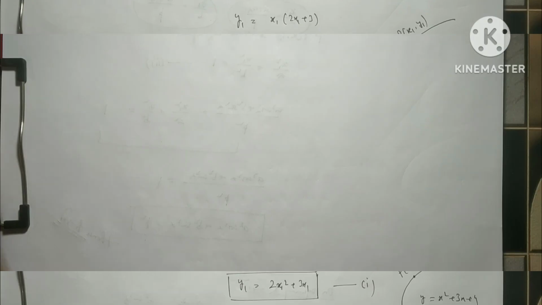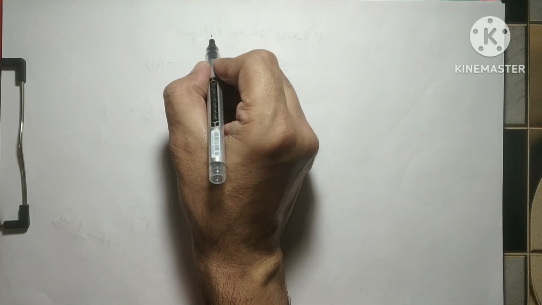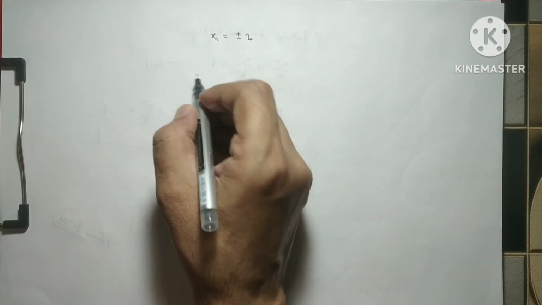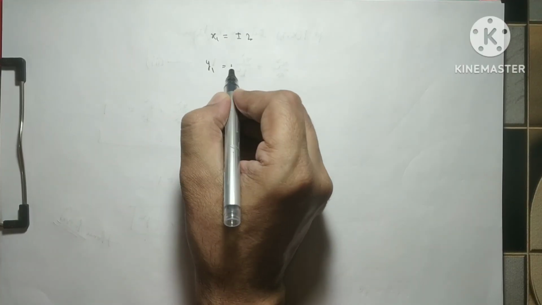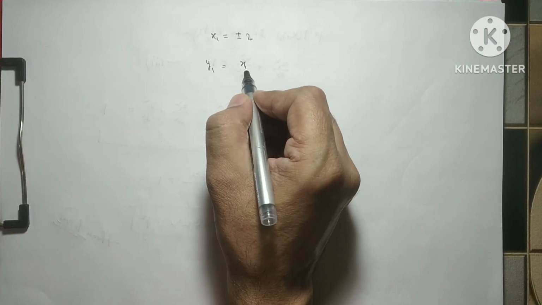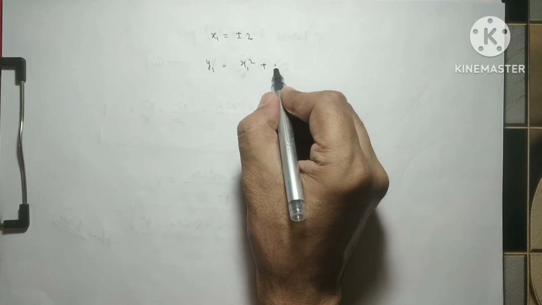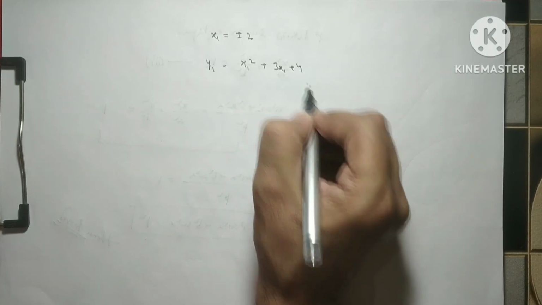Now we have x1 is plus minus 2 and y1 is x1 square plus 3x1 plus 4.